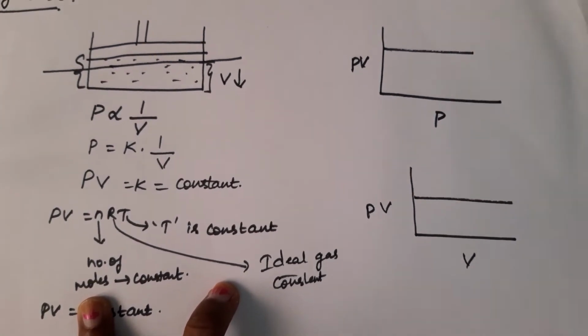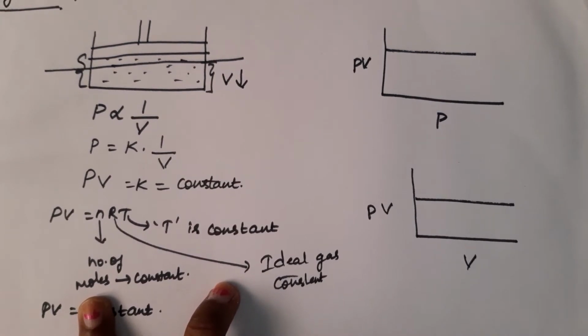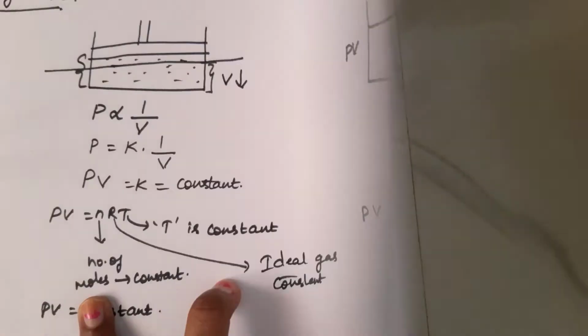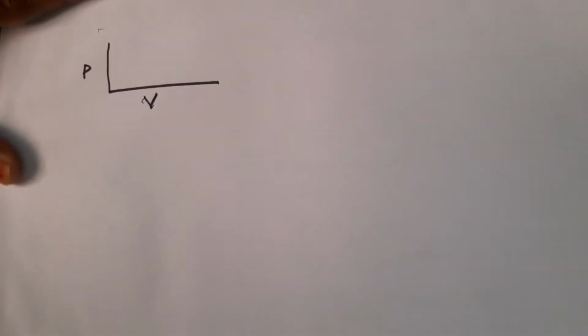If you observe another graph, take pressure on the y-axis and volume on the x-axis. Then what is the graph here?